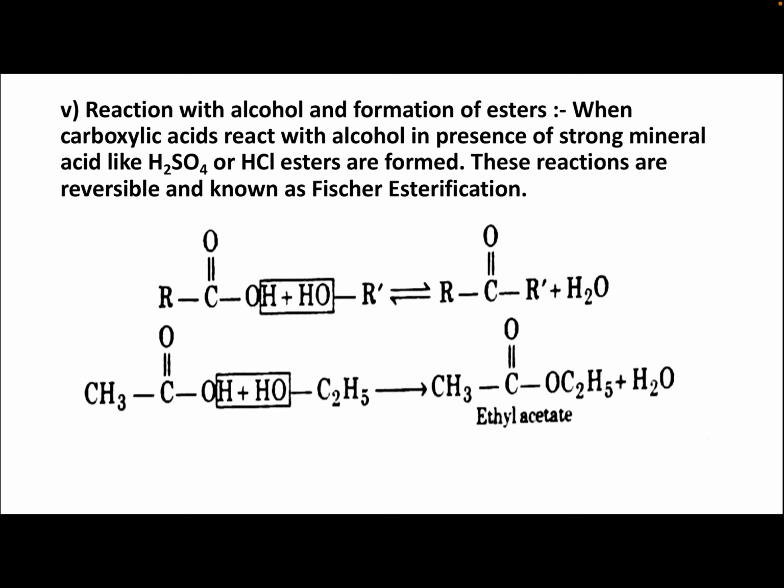Reaction with alcohol and formation of ester. Acetic acid when it reacts with alcohol, esters are formed. RCOOH acid plus R'OH alcohol gives RCOOR' plus H2O. So ester is formed. Example, acetic acid CH3COOH plus CH3CH2OH or C2H5OH, ethyl alcohol, gives CH3COOC2H5.